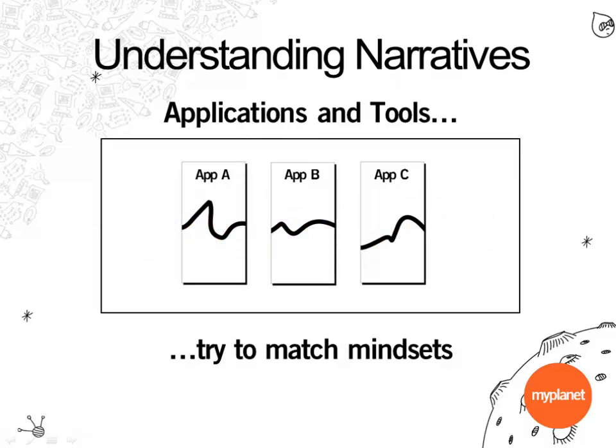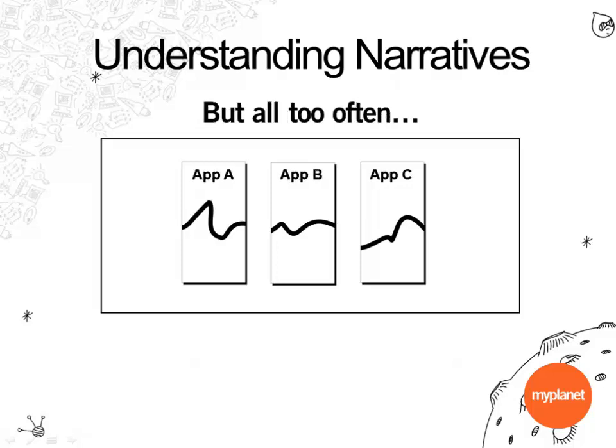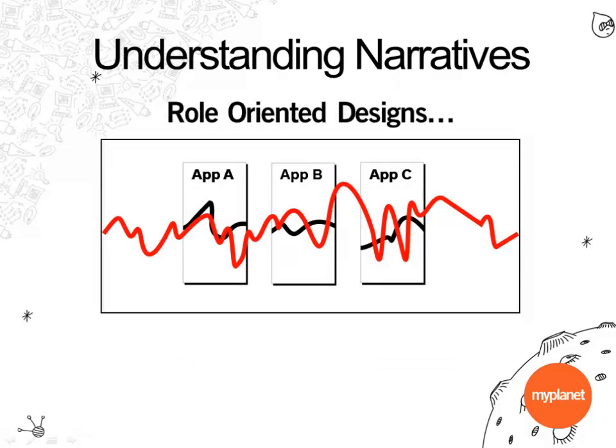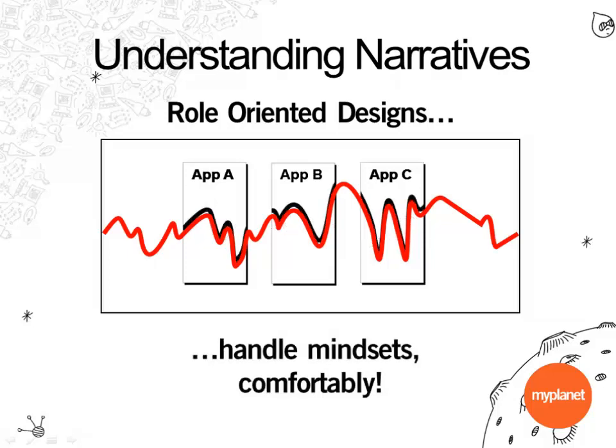So they try to accommodate these mindsets to a degree that people will sort of resonate with it. But unfortunately, it doesn't always work out because it's actually going to a different pattern. And we need to understand why that happens. This is where it hurts. Role-oriented designs allow this harmonization to take place between the user narratives within the application and the narratives of real life that the user is simply passing through.